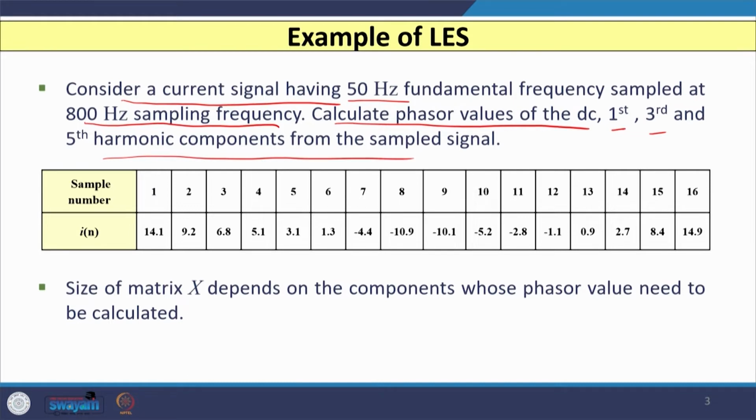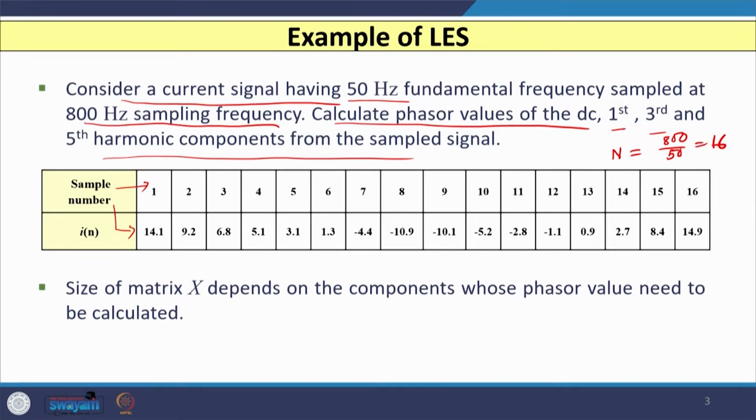The given sampled values are given in this table, and the sample numbers are given here, and for each sample the acquired value is also given here. These values are for 16 samples, as for 800 hertz sampling frequency the number of samples in one cycle is 800 by 50, that is also 16.